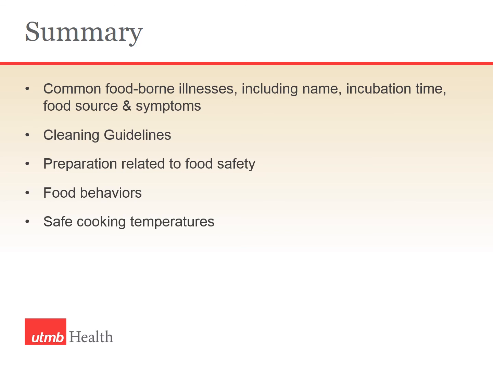We talked about safe cooking temperatures for different types of meat, so you definitely need to memorize those and know them. Then antimicrobial resistance is a problem. You should be able to explain how routine feeding of antibiotics to animals or improper use in humans can lead to the development of antibiotic resistant bacteria.